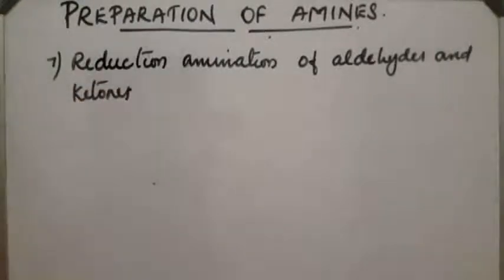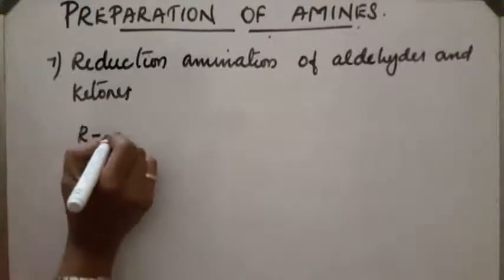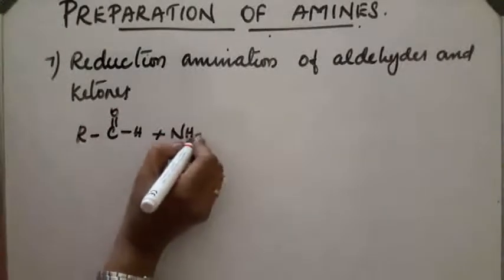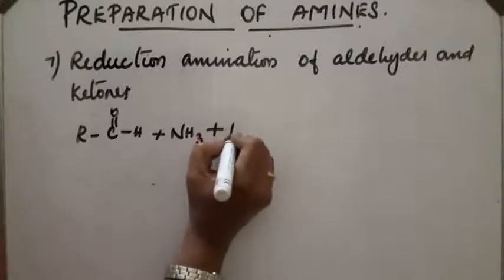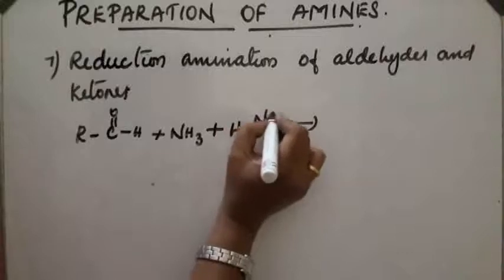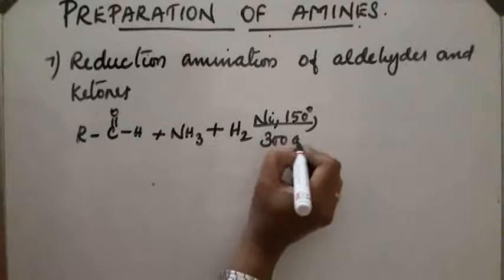Primary amines are prepared by this method by passing a mixture of aldehyde or ketone, a large excess of ammonia and hydrogen gas over nickel at 150 degrees Celsius and 300 atmospheric pressure.